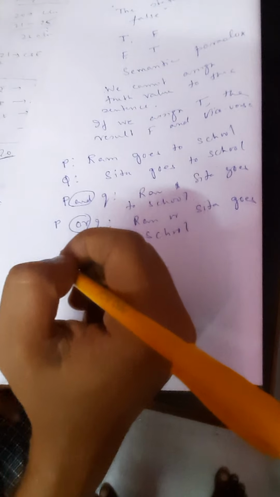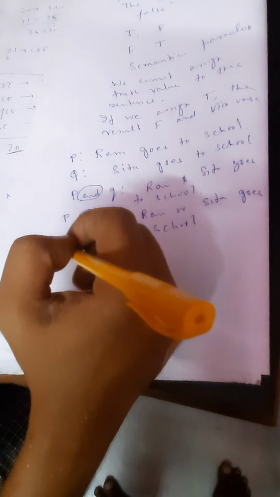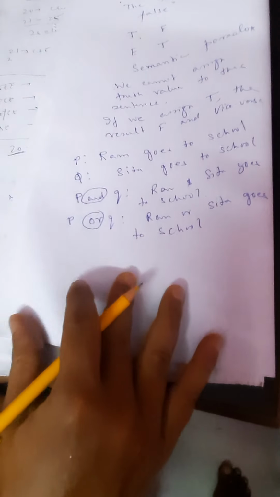There are many other logical connectives. Now we will go for the table of the different logical connectives. Now you write down logical connectives. We have different logical connectives. 1. Negation. Symbol.